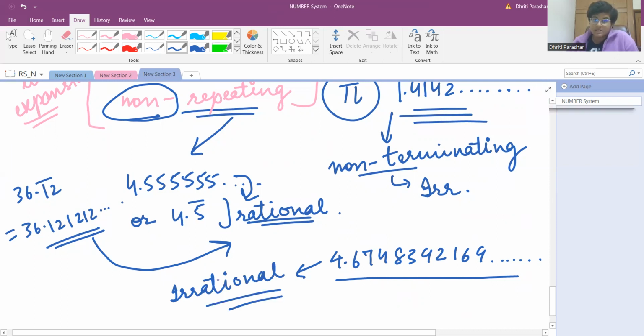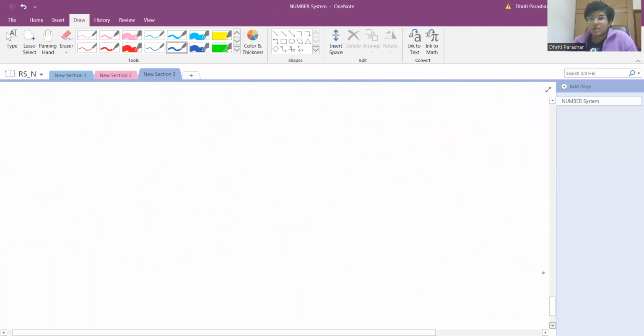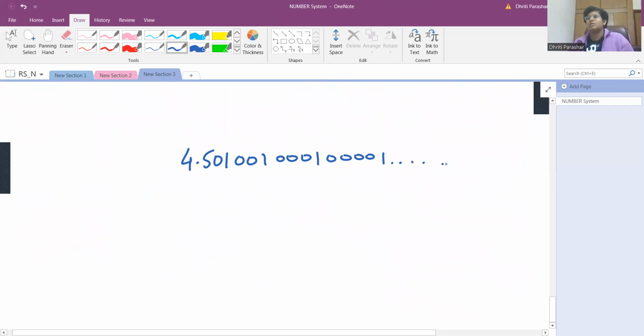It's not repeating itself, it's just going on and on and on. We don't know how it is going to end. It's not going to end because it's an irrational number. Similarly, if we have 4.501001, 0001, 4 times 01, and so on. Is this a rational or an irrational number?